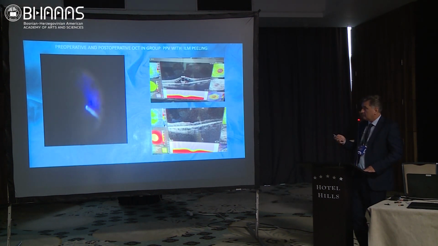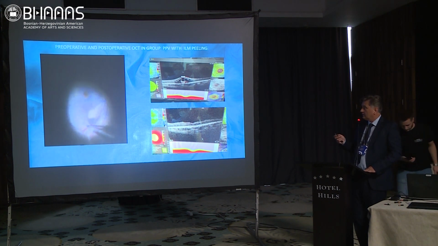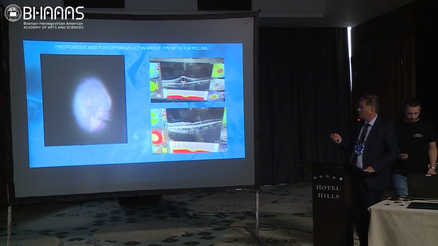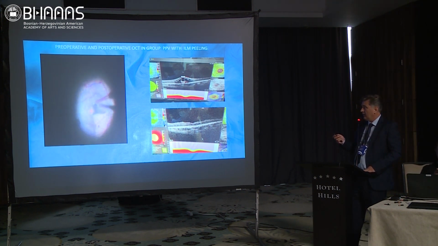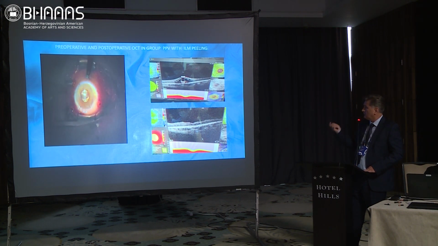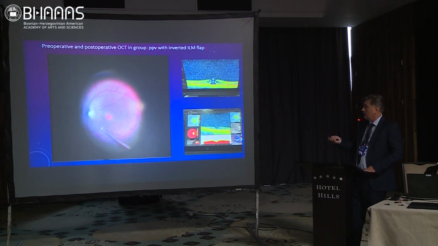Okay, these are short videos. The first has only macular ILM peeling, drainage of subretinal and intraretinal fluid in the macula, and tamponade with SF6. These are patients from the first group. On the right side, we have OCT before and after surgery.